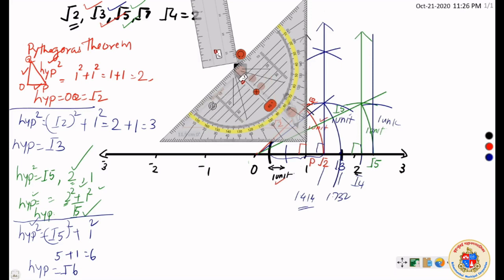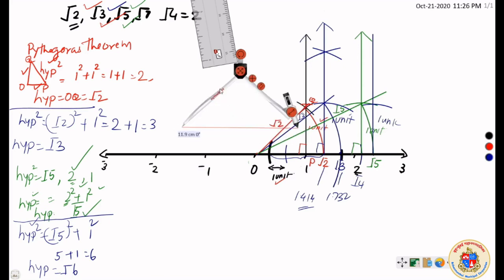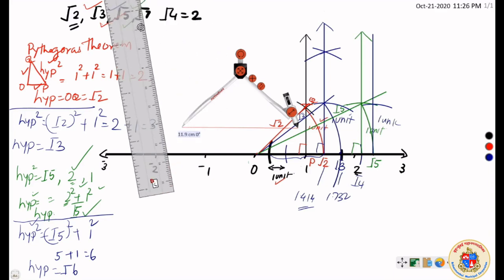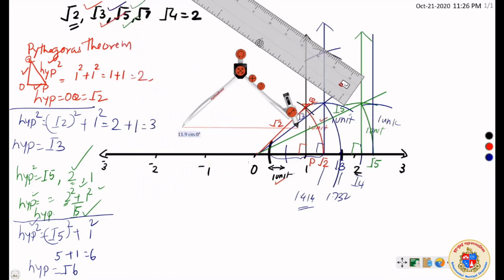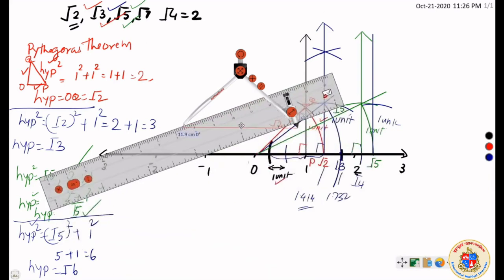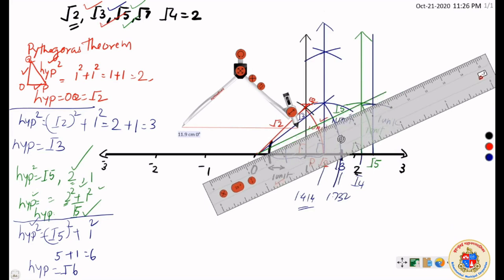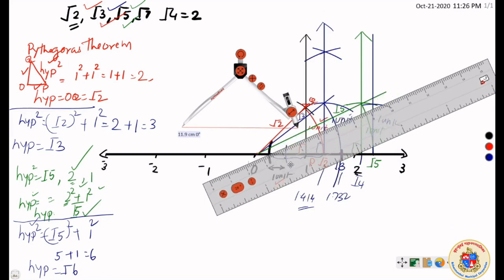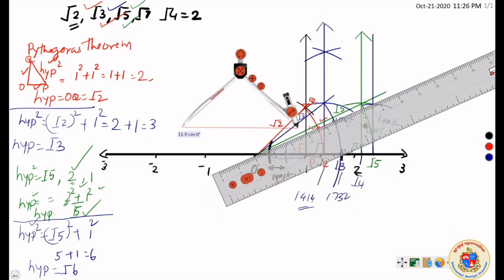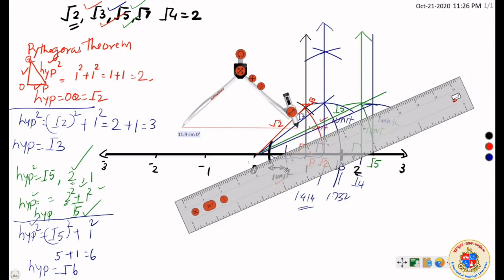Okay, so let me do that. For that, I will be completing the right-angled triangle here to show you the hypotenuse, which has the measure equal to root 6. This length is root 6.